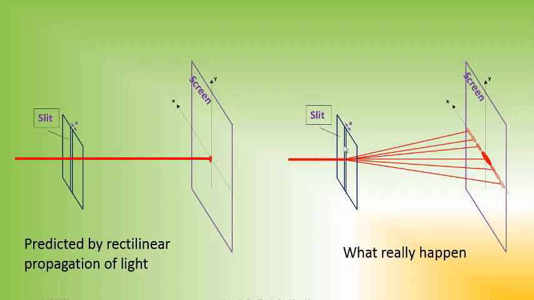But what really happens if the slit is sufficiently small? This light will deviate perpendicular to the slit, forming what we call fringes. This is a wider fringe, the central bright fringe, and the others are lateral fringes. We will talk about these fringes later.